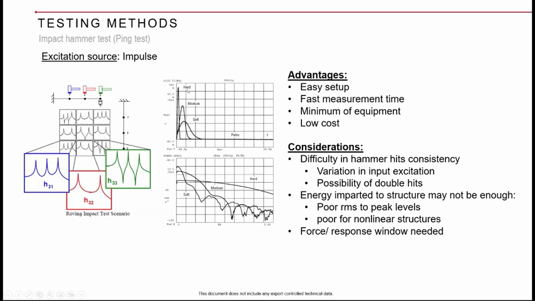It also depends upon the tip of the impact hammer, whether you choose hard tip, medium tip, or soft tip; depending upon your frequency range of interest, you can choose the tip. Like I said, it is easy to adopt, but the limitation is majorly because the energy imparted to the structure is many times not sufficient.